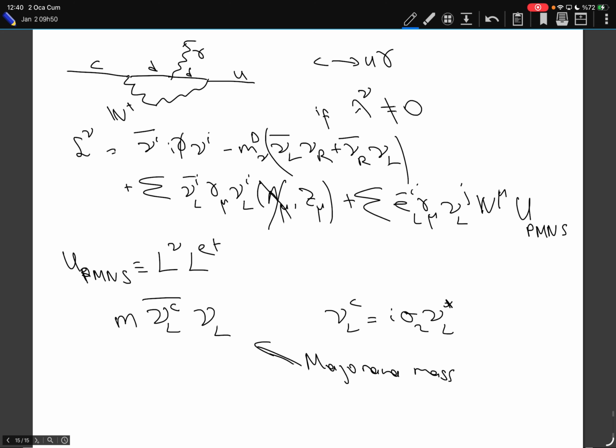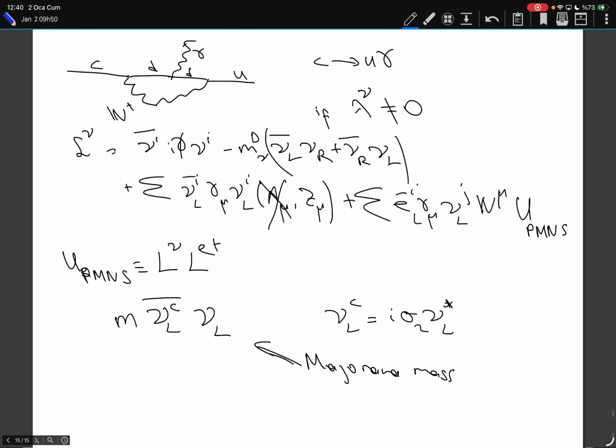Well, this basically tells me that antineutrinos and neutrinos are the same particle, just like the photon. If you look at the photon, if you would like to define an antiphoton, it's the photon itself. And similarly, neutrinos, they are neutral. So how do you distinguish antineutrinos from neutrinos? Their electric charge is the same, so in principle they can be the same particle.